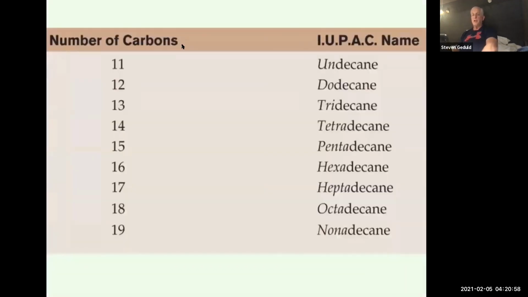For 11, 12, 13, and so on up to 20, we use undecane for 11, dodecane for 12, tridecane is 13, tetradecane is 14, pentadecane is 15. Hexa, hepta, octa, nona are all the same, and we just put that in front of decane. Decane is 10. Tetra is 4, so that's 14. Octa is 8, deca is 10, that's 18. That's how you get those names.